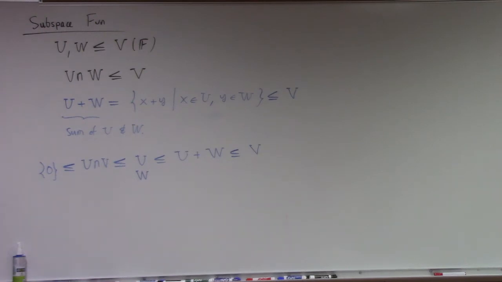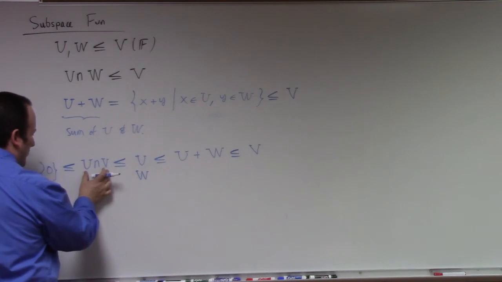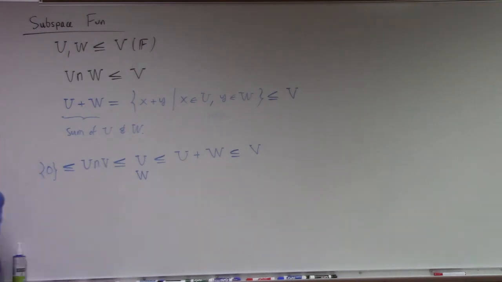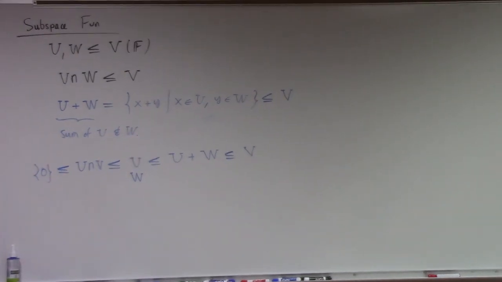So let's see here. U intersect W is what? It's the largest subspace contained in both U and W. What's U plus W? It's the smallest subspace which contains both U and W. Contained in versus containing both, those are different things.